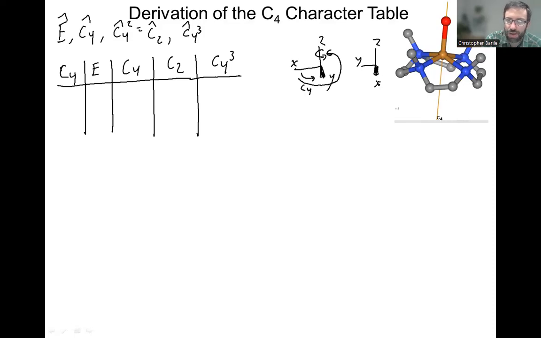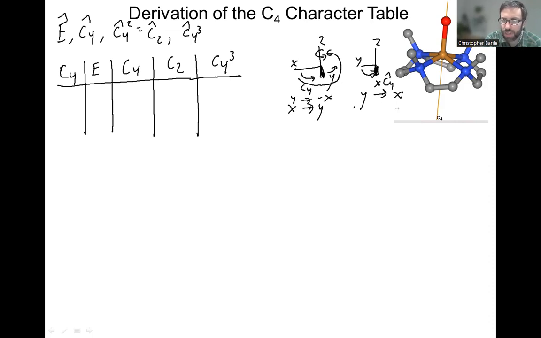If we do that now and we do a C4 in that same direction, y goes to x, whereas before, x went to y, and y went to negative x, right?